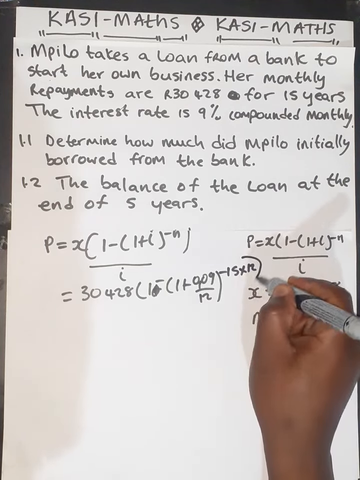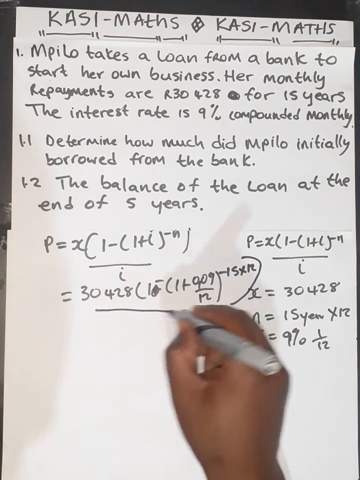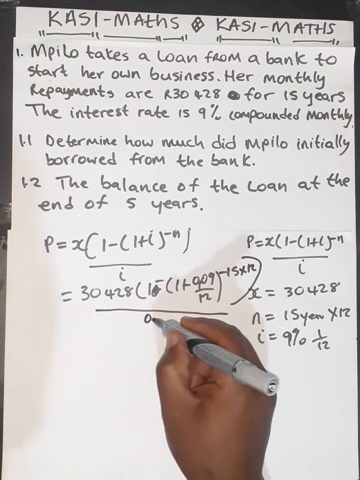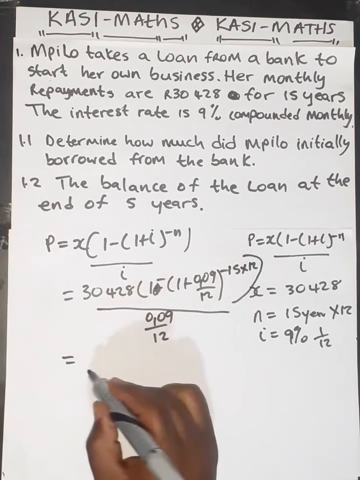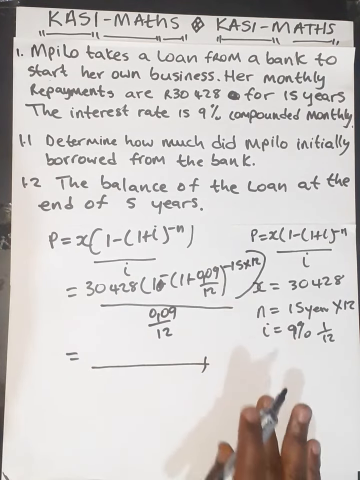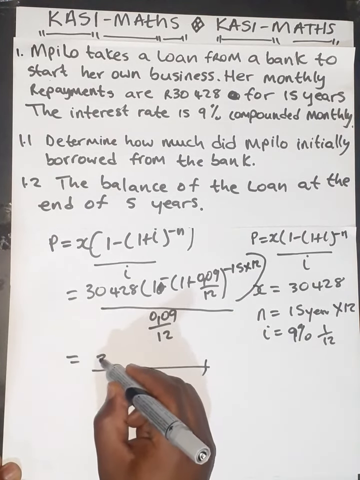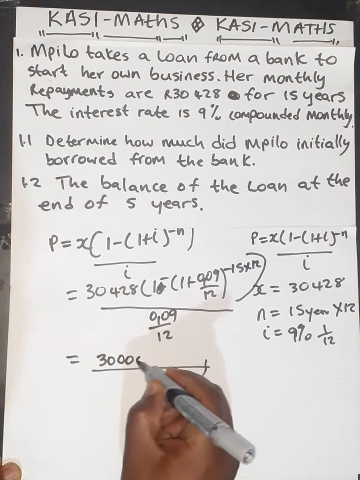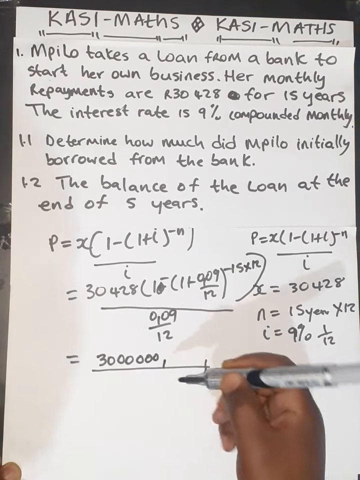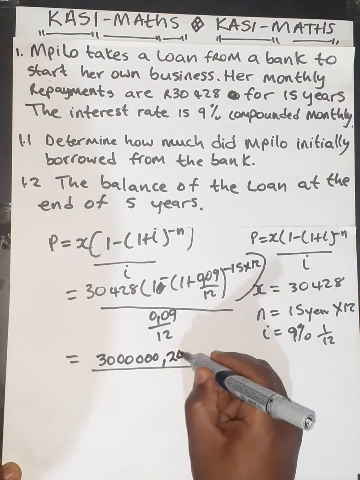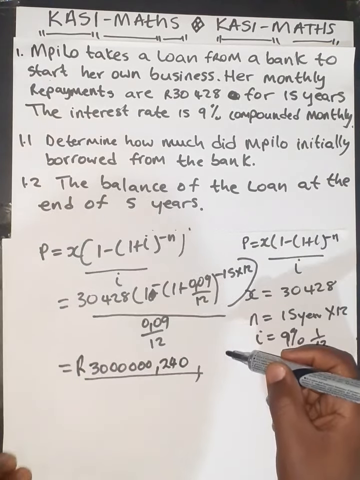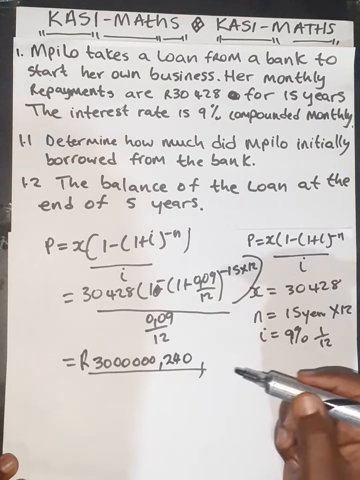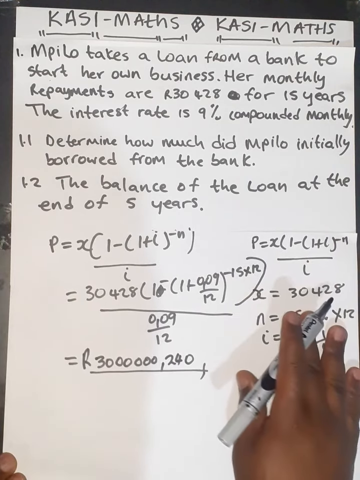We close the bracket, and it's all divided by 0.09 divided by 12. Then we use the calculator and get 3 million point 240. So that is the amount she initially borrowed from the bank.